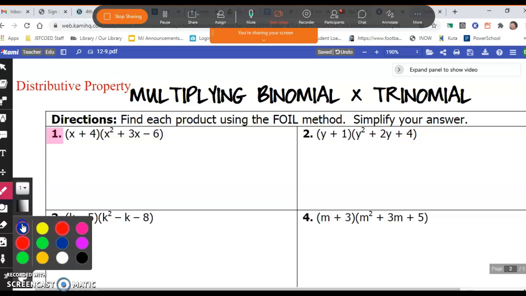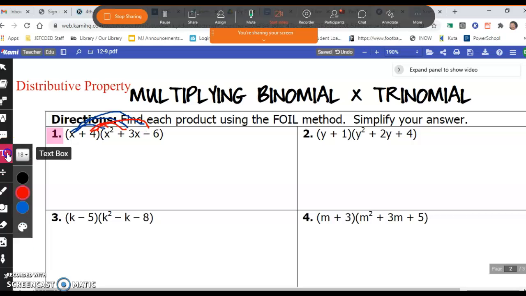We will distribute the x to the first term, the second term, and the third term. Okay? And then also we will distribute the 4 to the first term, second term, and third term.